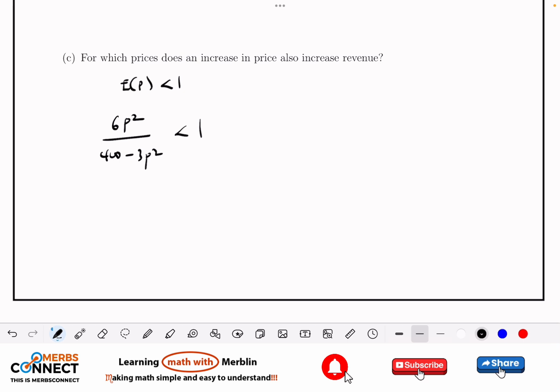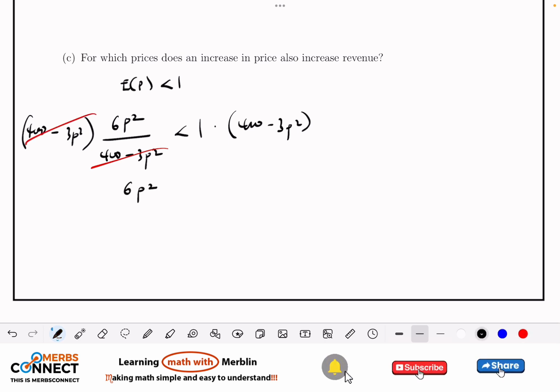I'm going to multiply both sides by the denominator, which is 400 minus 3p squared. Now this cancels this, so it will be left with 6p squared. When I multiply 1 by this, I'll have minus 3p squared.